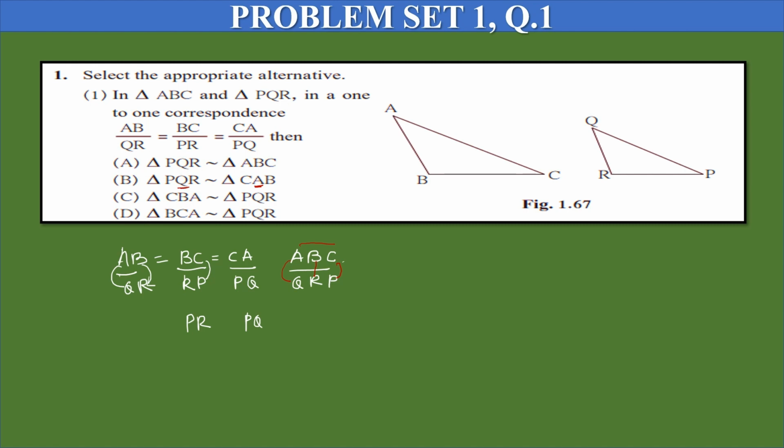Next, B should correspond to R: B is in the third position and in the third position it is R. And C with P: C is in the first position and P is also in the first position. So this is our answer, that is triangle PQR is similar to triangle CAB.